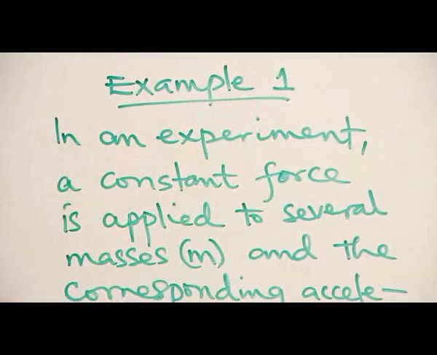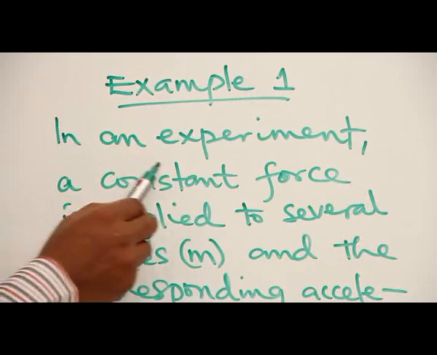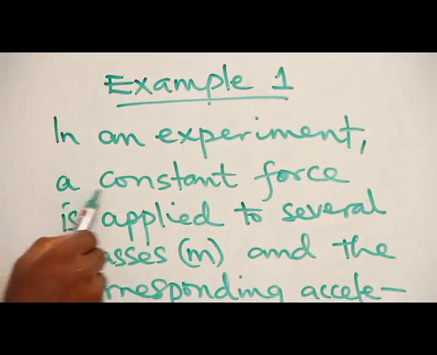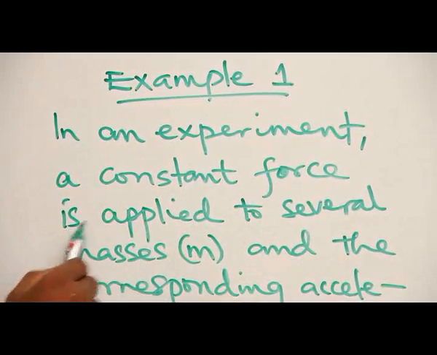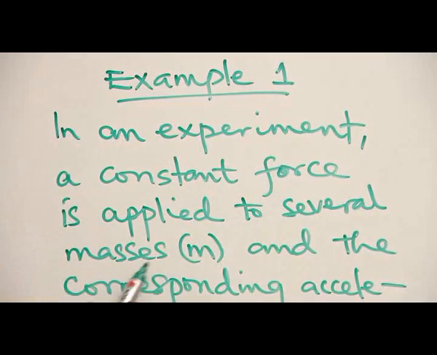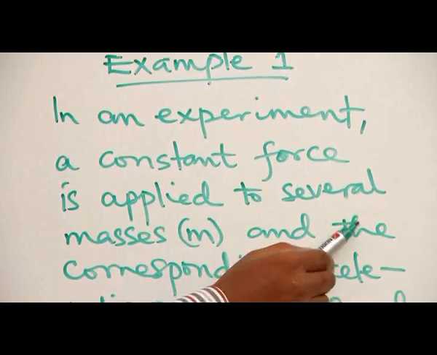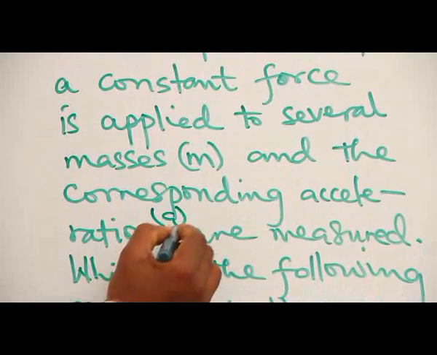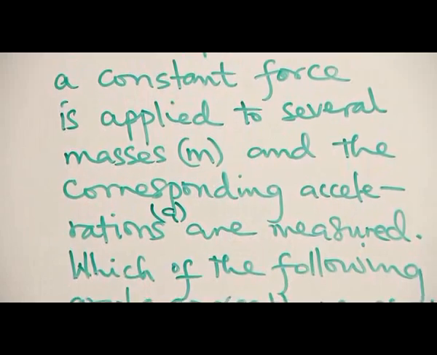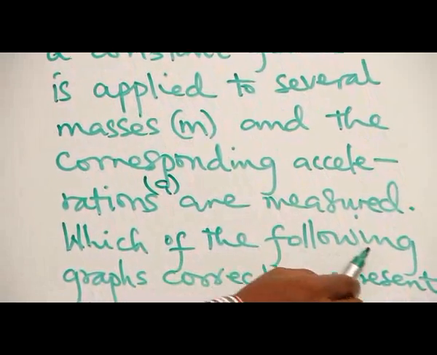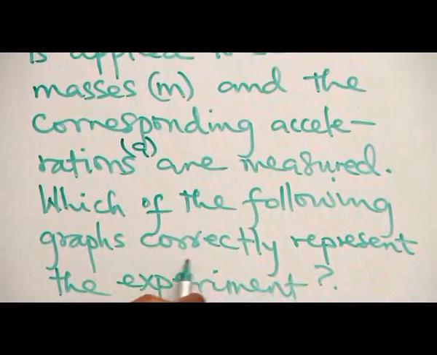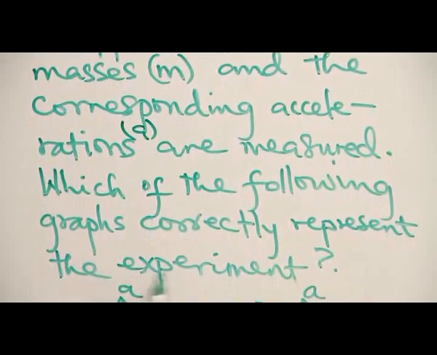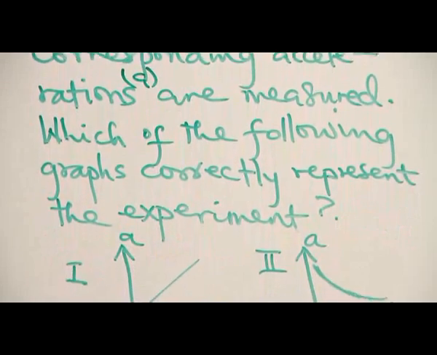Example 1. In an experiment, a constant force is applied to several masses M, and the corresponding accelerations A are measured. Which of the following graphs correctly represents the experiment?